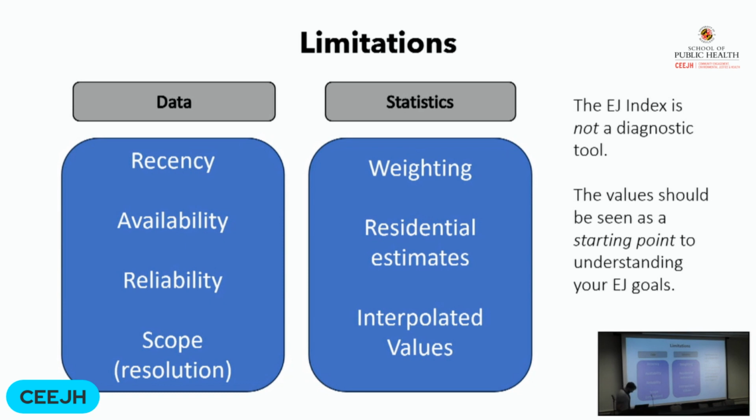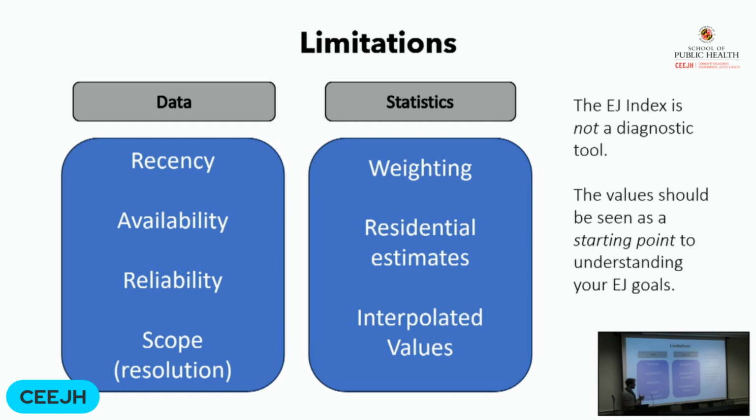So what are the limitations of this? The biggest limitations come from the data. That comes from mostly recency, reliability, and scope. Availability is an issue in certain cases, as sometimes the data is not easily accessible to us and we have to kind of go out of our way to find it.